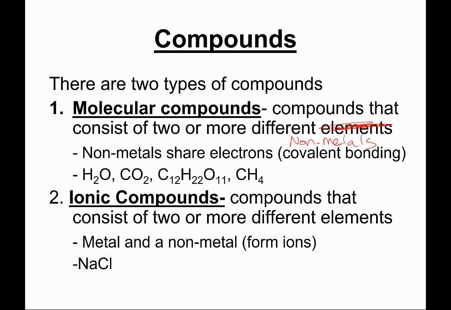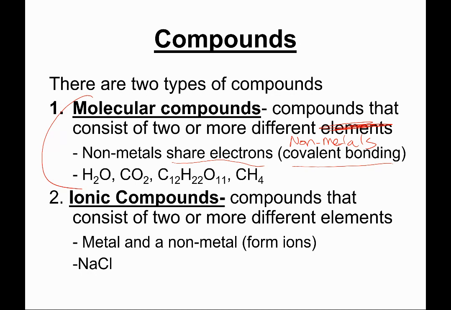The types of bonding they undergo involves sharing of electrons, and they're called covalent bonds. H2O, CO2, C12H22O11, or CH4 are all examples of molecular compounds because they are all nonmetals bonded together. Other than what you see here, that's all we're going to deal with for molecular compounds.